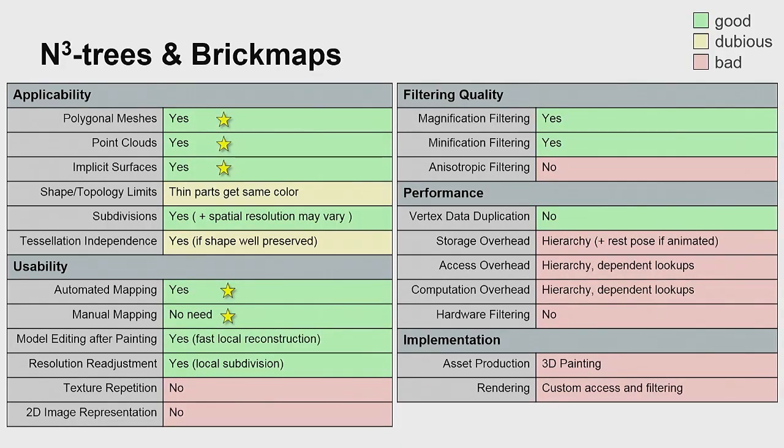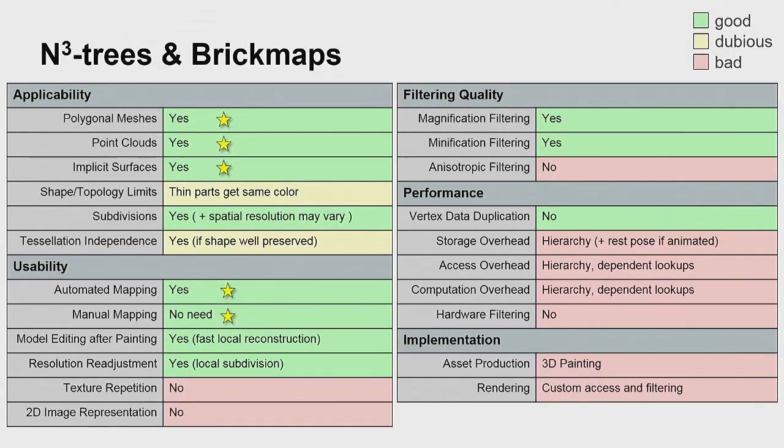You better have enough voxel resolution to represent your thin features, right? So your texture representation is not only dependent on the frequency of the texture information that you're storing. It also depends on the frequency of your model detail. So that's what you need to be careful about. But in the end, subdivisions are fine.